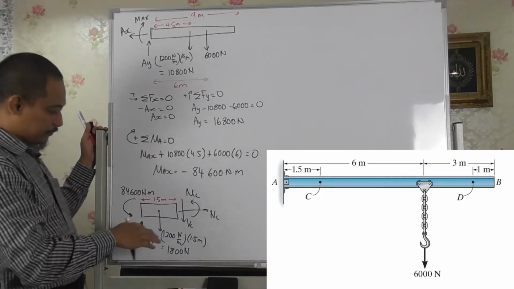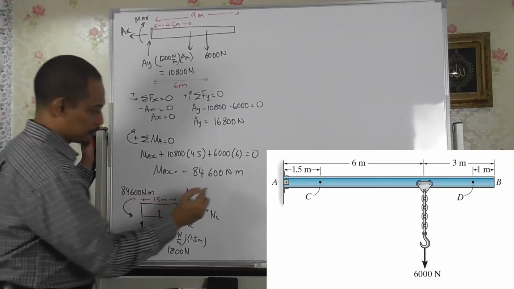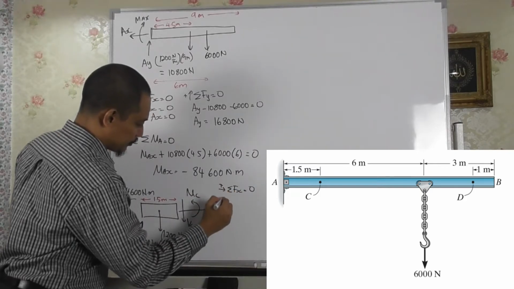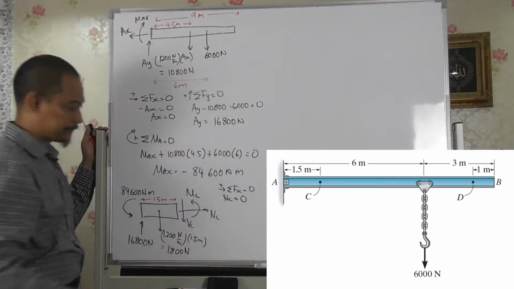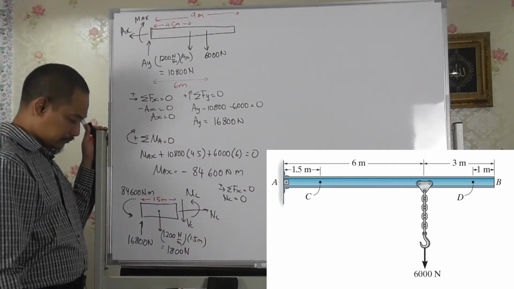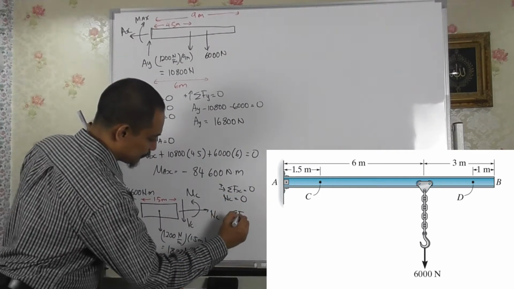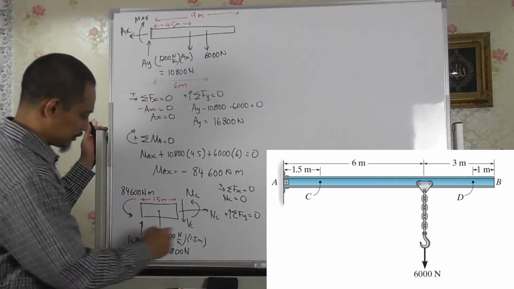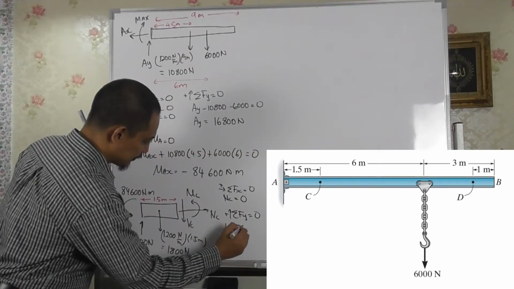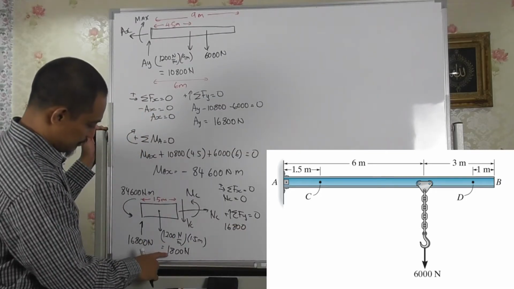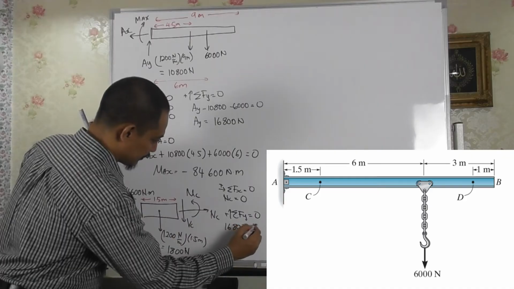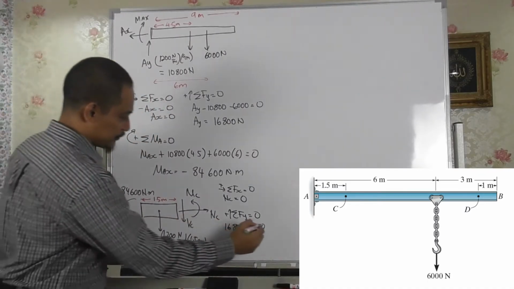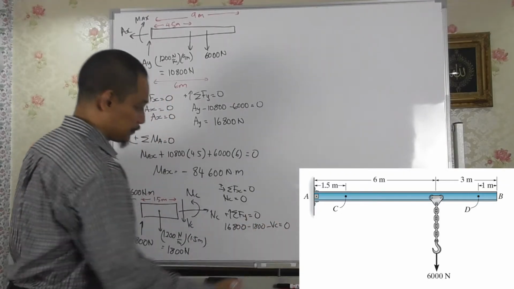Solving for these unknowns, summation of Fx equal to 0, so we get NC equal to 0. Then summation of Fy equal to 0, taking upwards as positive, you'll have 16,800 minus 1,800 minus Vc equal to 0.